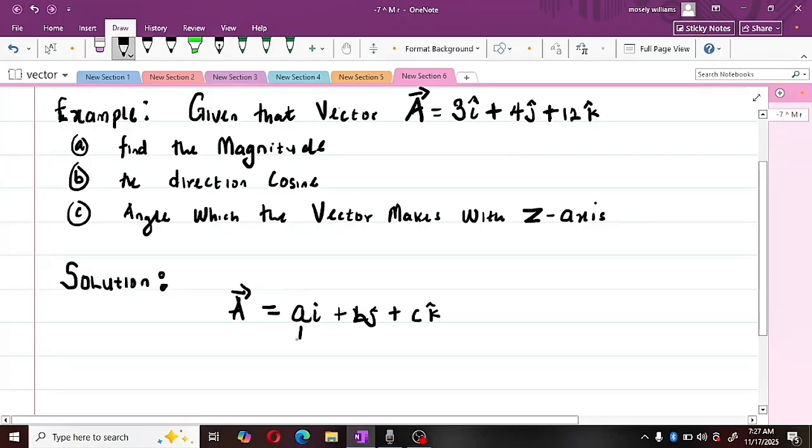Where this A, B, and C are what we call the vector components, right? And i, j, and k are what we call the unit vectors.